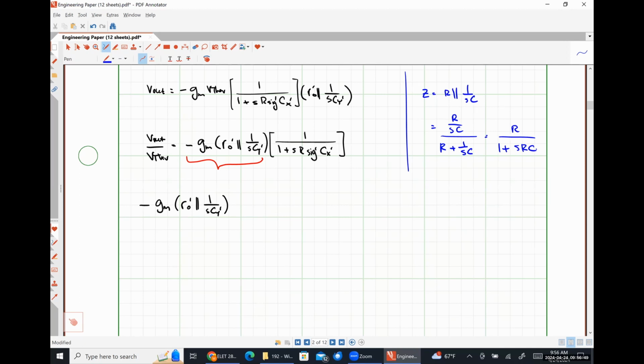We saw this when we were looking at the low frequency response, and we calculated effectively ZE using this exact representation. So for us, this is going to look like negative GM times R naught prime divided by 1 plus S R naught prime times CY prime.